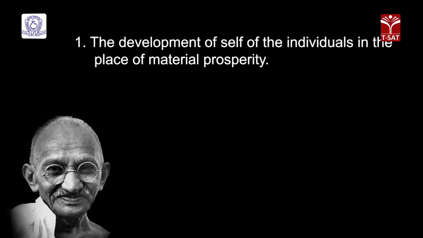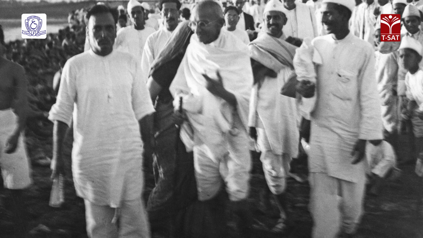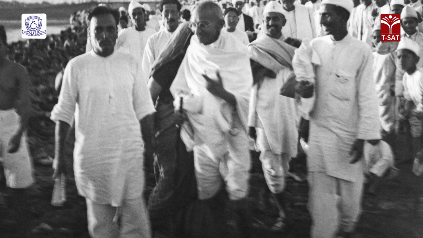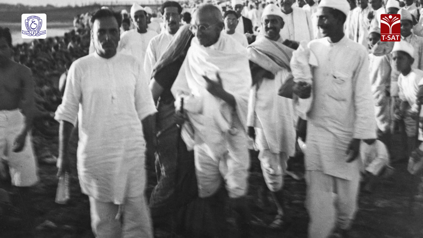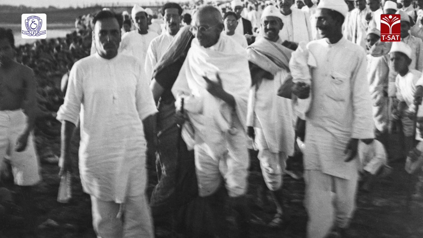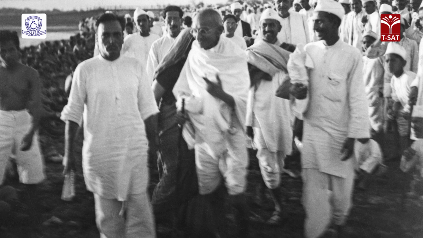These two priorities were the development of self of the individuals in place of material prosperity, and development of villages by strengthening the cottage industries and rural technology. Gandhiji placed importance on the means of achieving the aim of development, and these means must be non-violent, ethical and truthful in all economic spheres.